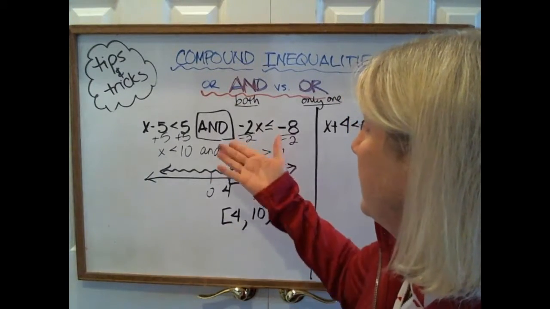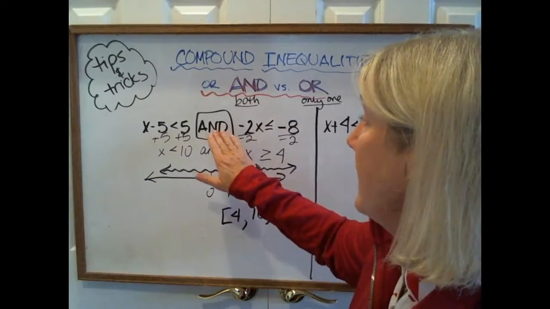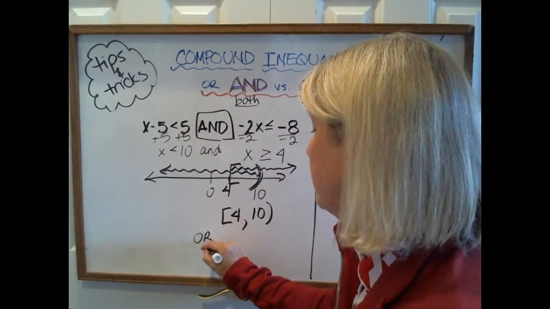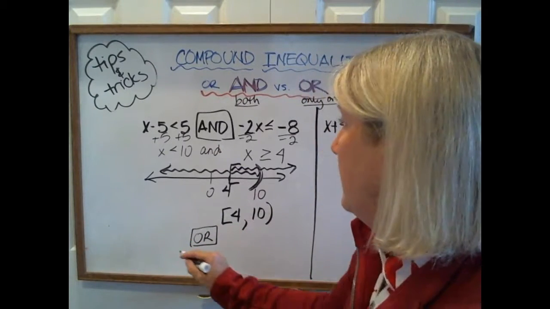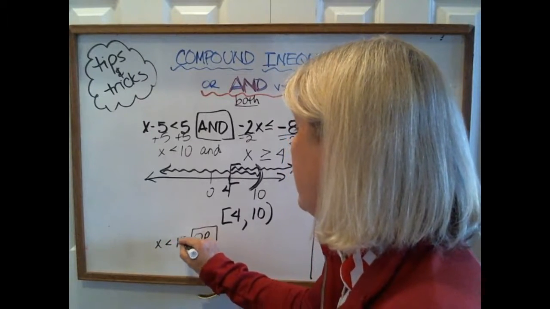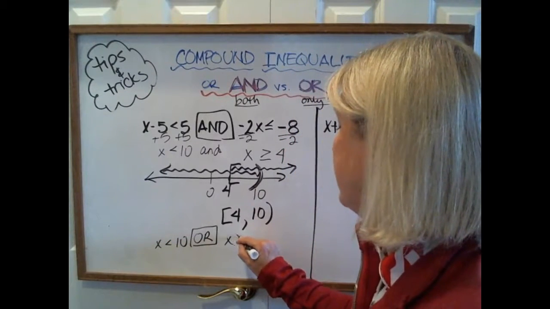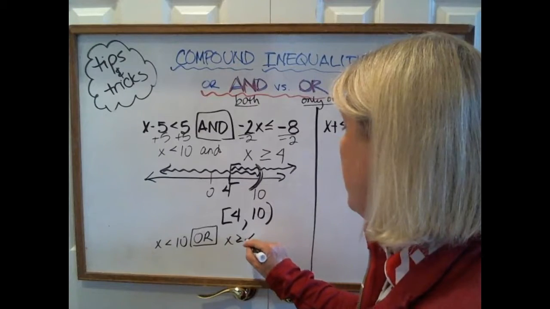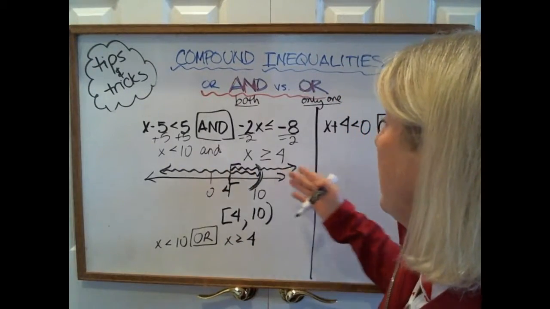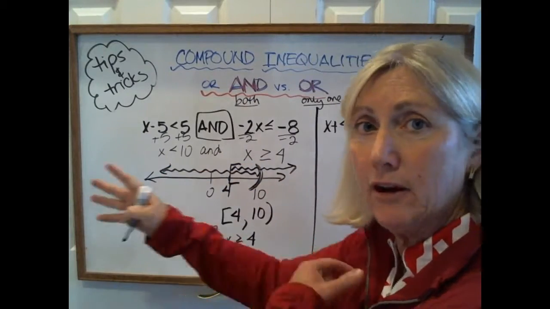Now, one thing that would be different is, say I'd put an "or" here. So we would have had x is less than 10 or x is greater than or equal to 4. Our answer would have been anywhere that the arrows go.